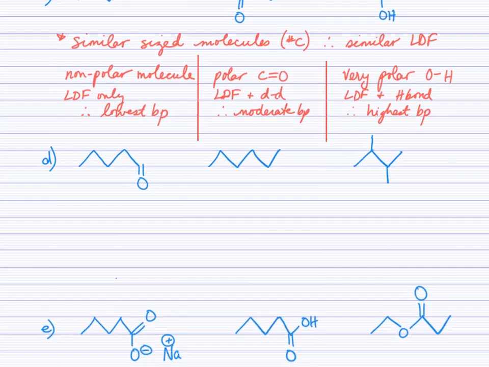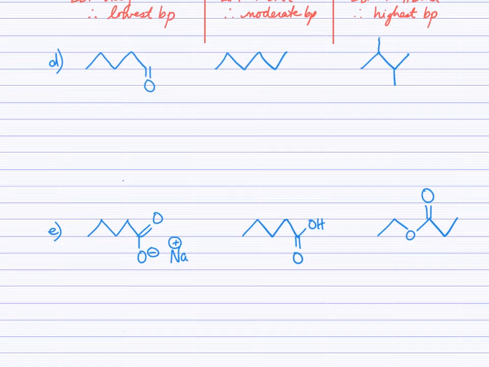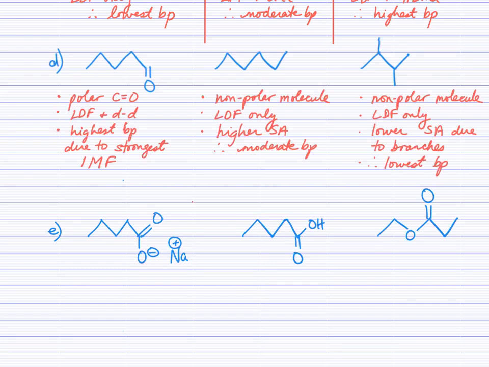Okay, next question, looking at D. Try that. Okay, so looking at example D, we see that polar C double bond O, which tells us this molecule will experience London forces as well as the ability to dipole-dipole interact with another molecule like it. The middle structure is a nonpolar molecule with London forces only.